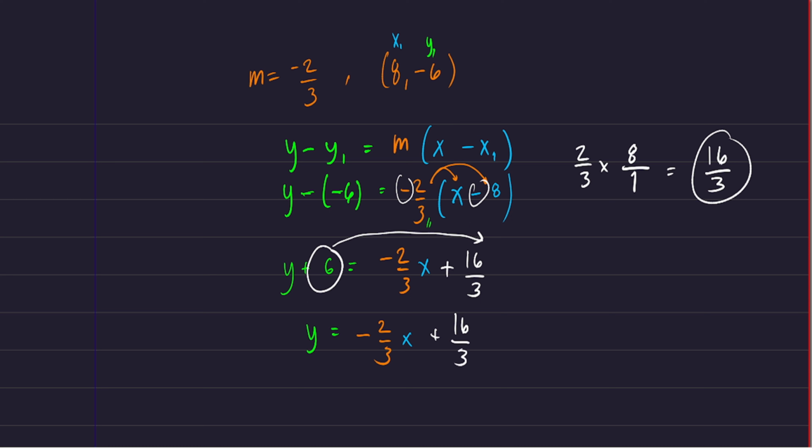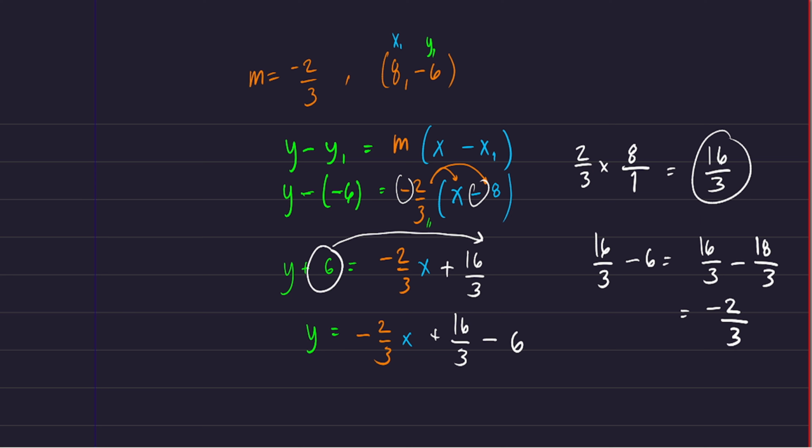Then, since positive yung 6 dito sa left hand side, pag nilipat natin sa right hand side, magiging minus 6. And 16 over 3 minus 6 is equal to 16 over 3 minus 18 over 3. And 16 minus 18 is equal to negative 2. Yan. And copy the denominator.